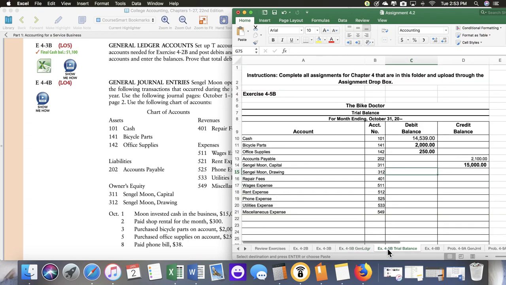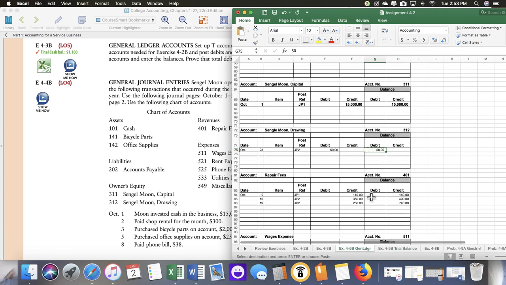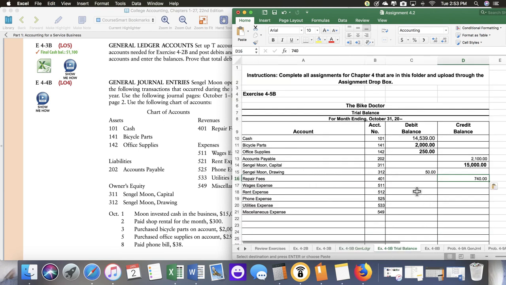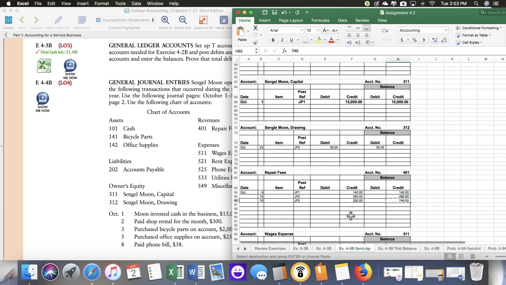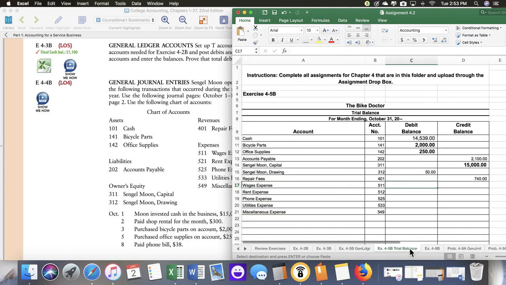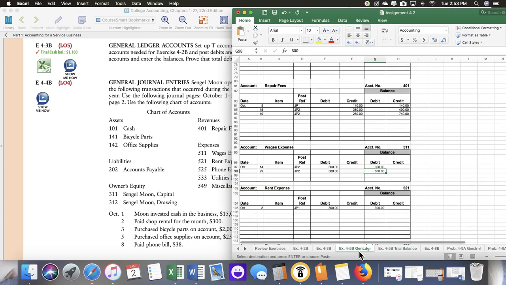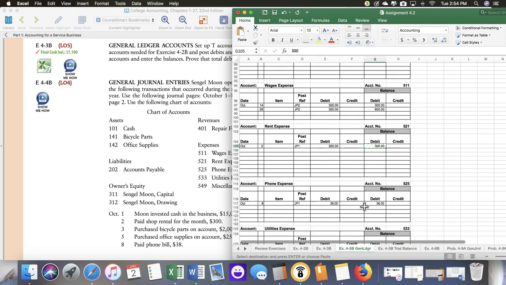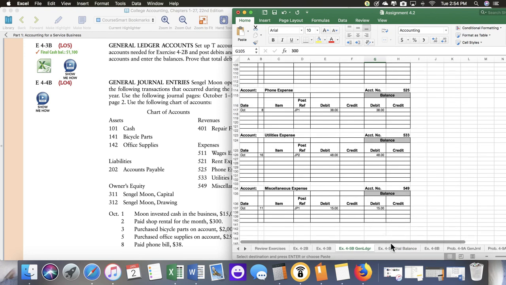So make sure you follow exactly what you have listed on the general ledger. And we're just going to keep transferring the amounts. Expenses have debit balances. Sometimes it might be easier for you just to write down the numbers in the order that they would appear. So 38, 48, 15.